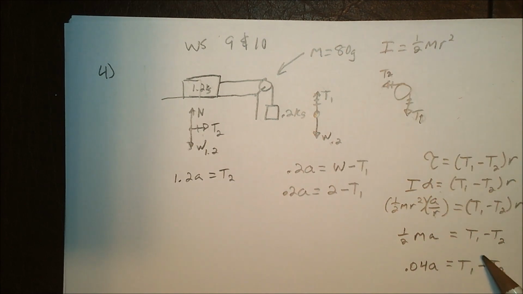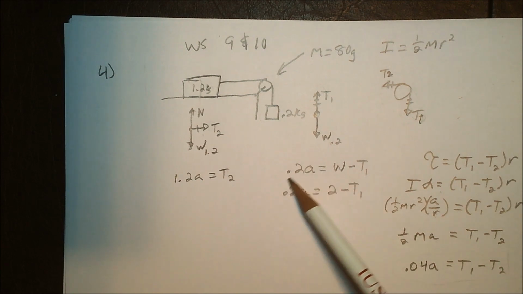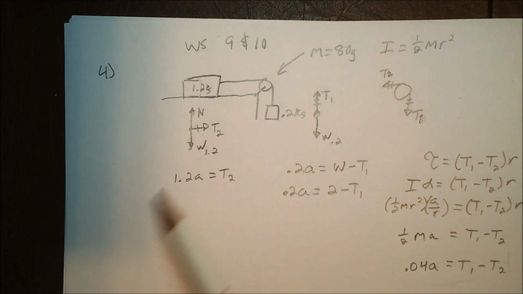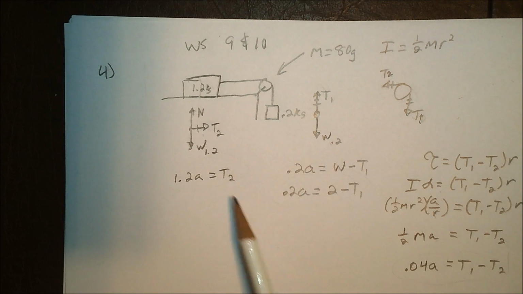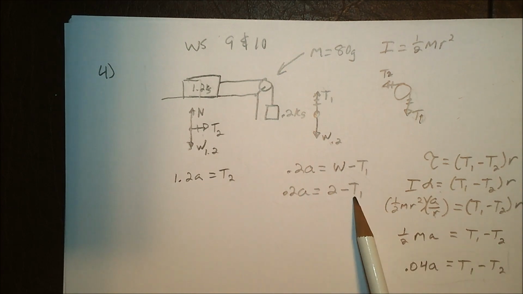So here are my 3 equations and 3 unknowns. Notice I have a positive T2, negative T2. I have a negative T1, positive T1. So if I add all 3 of these equations together, the tensions will cancel.